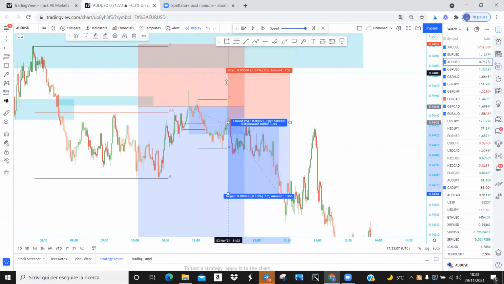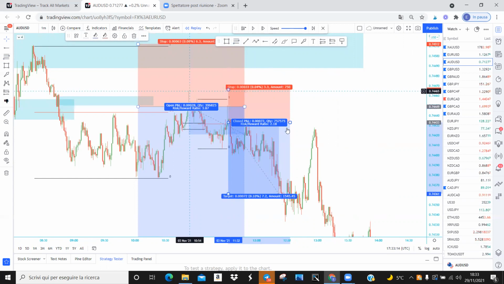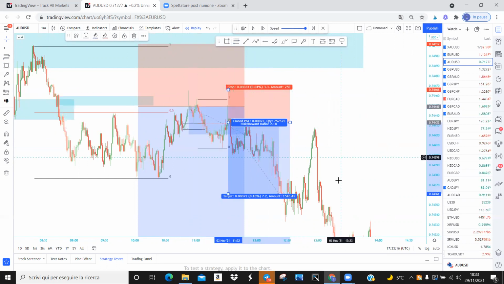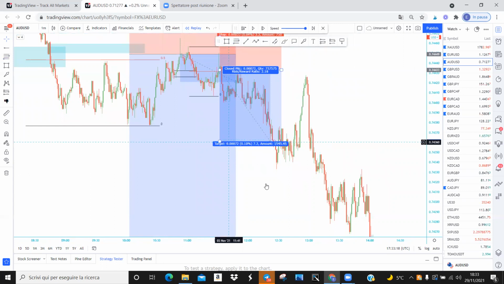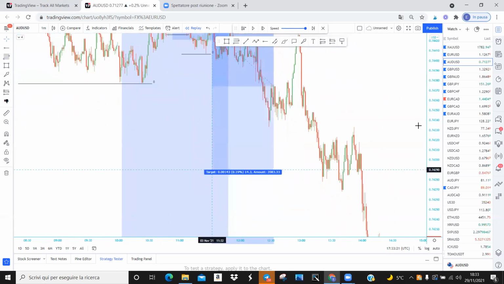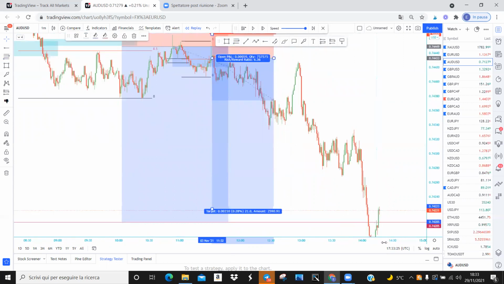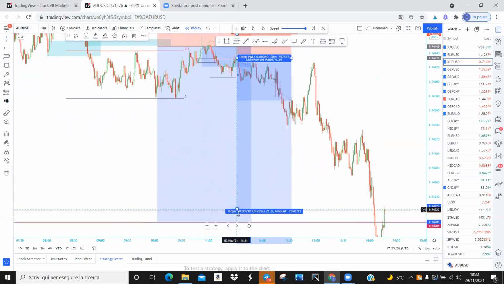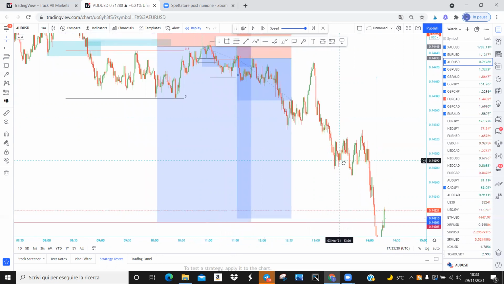Stop loss above this, 3.5, 3.3, just above the previous high. We have confirmation that we are reversing. Same take profit, and this becomes a totally different risk to reward ratio. This becomes a 1 to 7, almost 1 to 6.7.